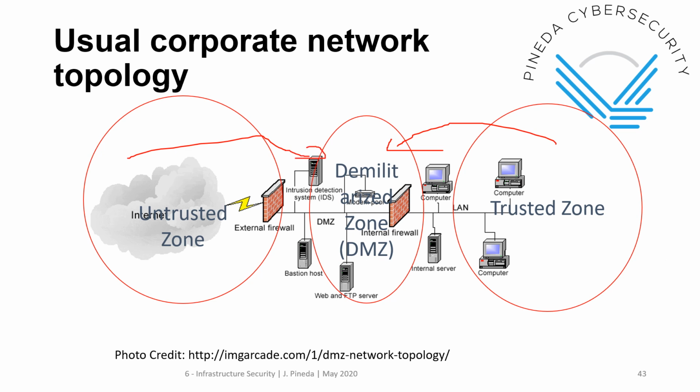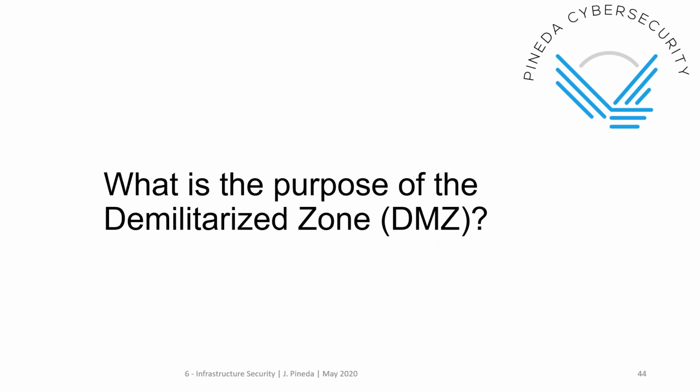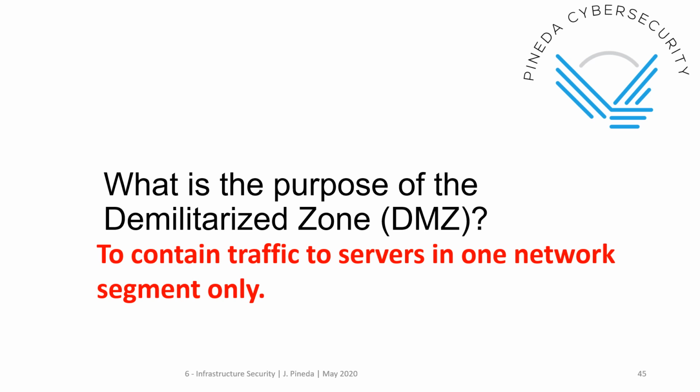And the goal is for you to be able to contain an attack or an outbreak, so that it will be contained in the DMZ only and will not affect the trusted zone. So this is the usual corporate topology implemented. Again, the purpose of the DMZ is to contain traffic to servers in one network segment only.